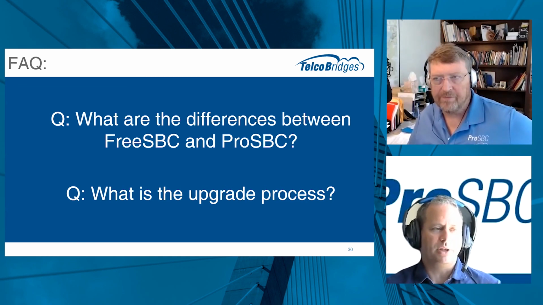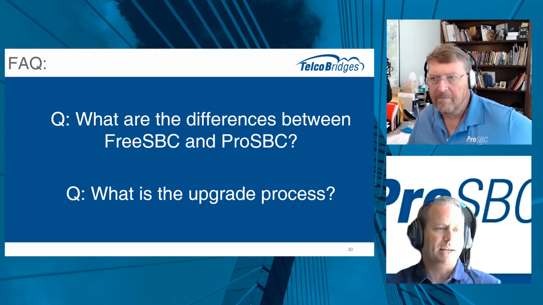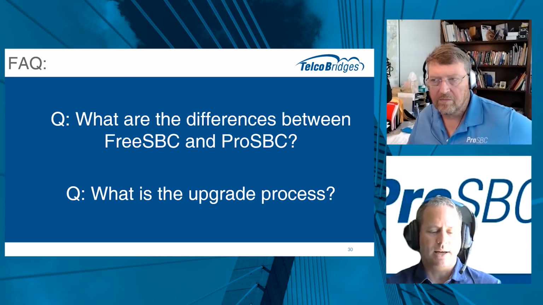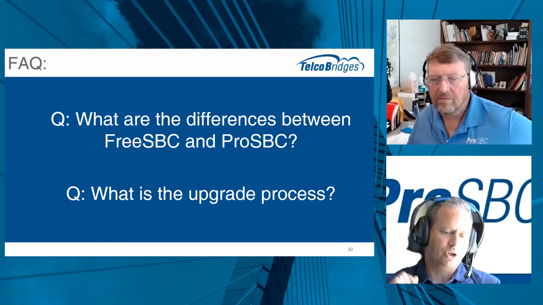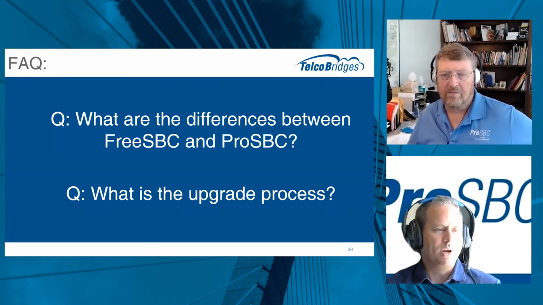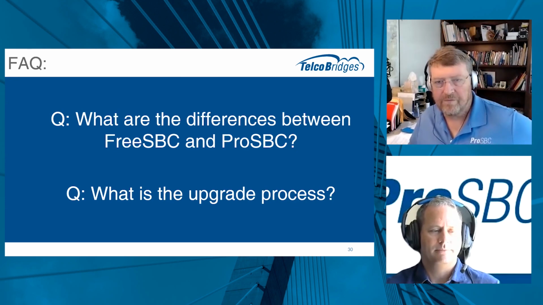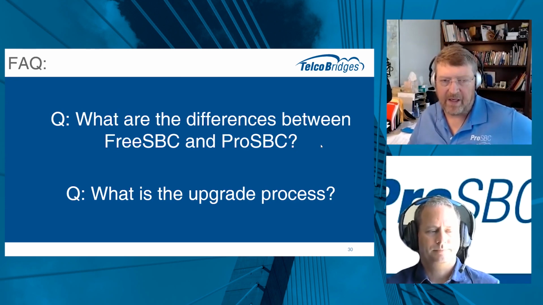If you put the same key that you had before, it will be automatically updated for 1 year, and then you will receive a notification saying, go on your FreeSBC upgrade page and just renew the license right there, and it's going to become a ProSBC for 1 year. So there's no reload of configuration and no reinstallation necessary. That's obviously the easiest way to upgrade from FreeSBC to ProSBC.